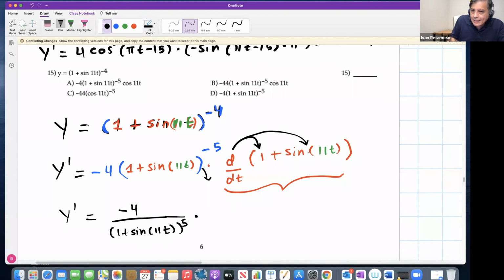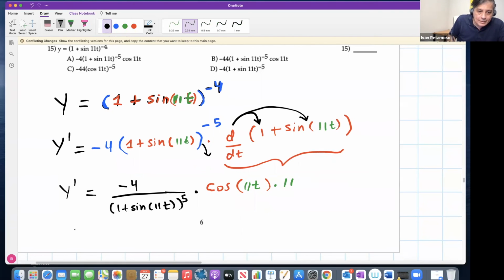Derivative of this sine of 11t is derivative of outside function sine is cosine of 11t, but then you must multiply by the derivative of the inside function. Derivative of 11t is 11, and this should be it, right?